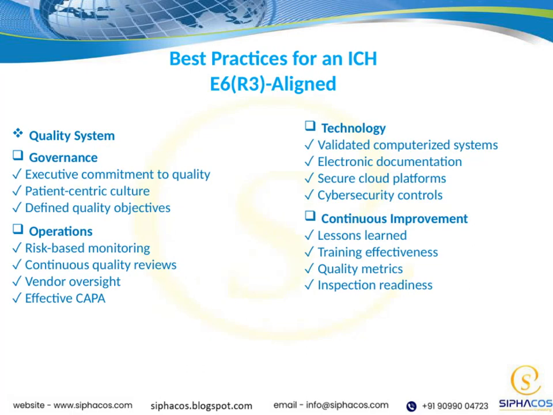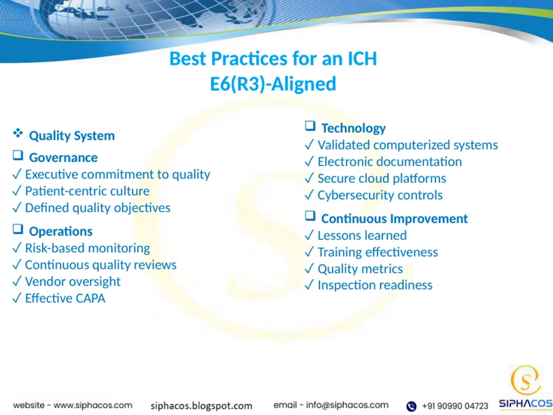To align with the ICH E6R3 guidelines, we focus on best practices across 4 key areas. First, technology, using validated computerized systems, electronic documentation, secure cloud platforms, and strong cybersecurity controls. Next, continuous improvement: learning from experience, measuring training effectiveness, tracking quality metrics, and staying inspection ready.